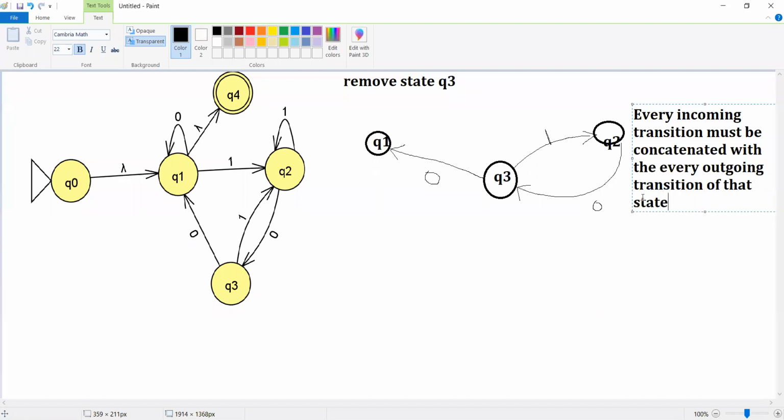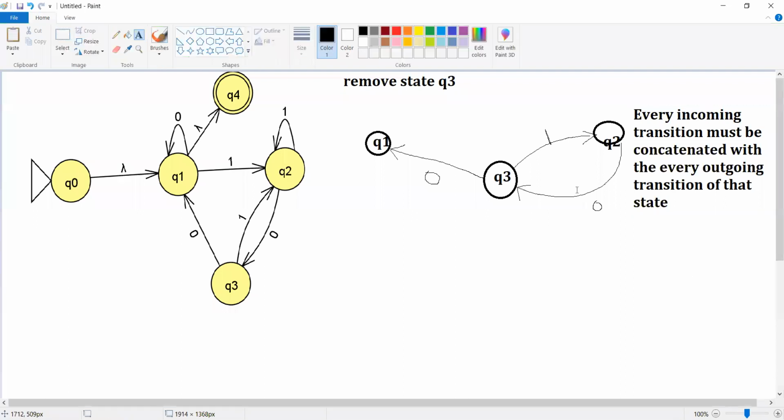Now, when I want to remove this node, what we have to do is consider every incoming transition and concatenate it with every outgoing transition of that node. Can someone please help me find the incoming transitions and outgoing transitions here?